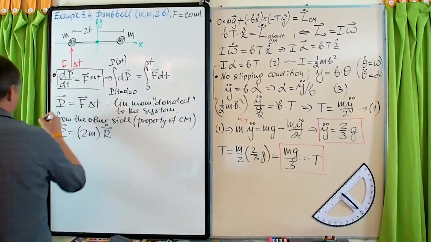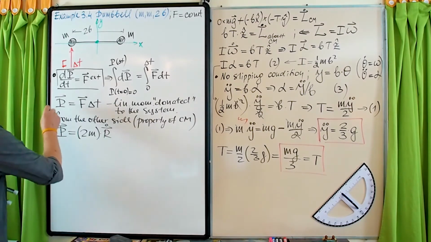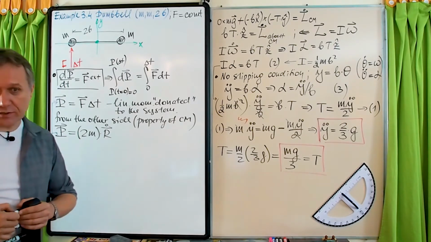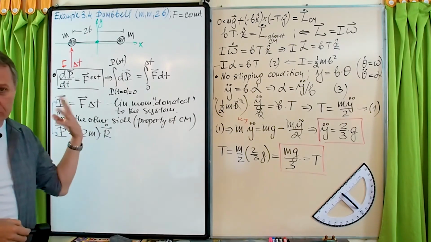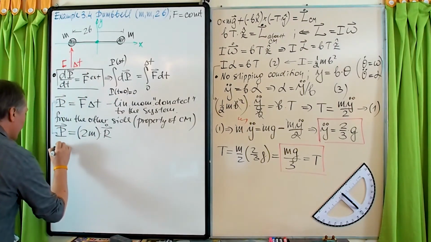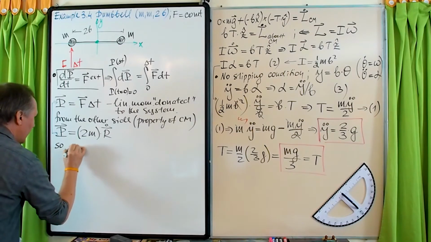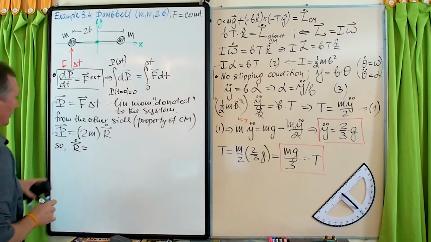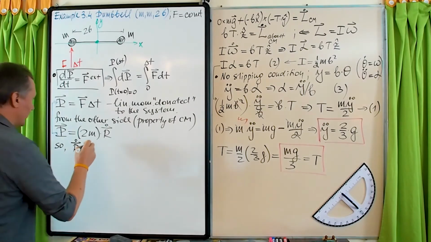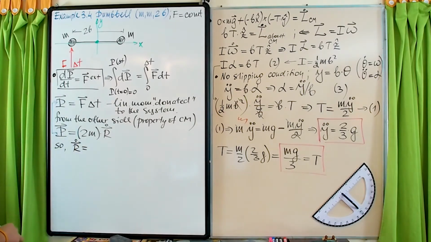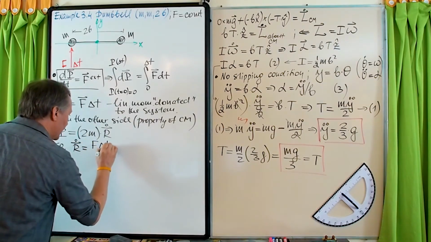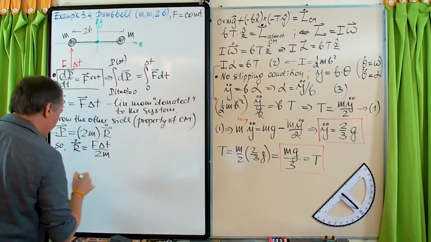So now, of course, we can combine these two things and we can get the translational velocity of the center of mass, which describes the translational motion of the system. As a result, R dot will be equal, from here, to F delta t divided by 2m, right?